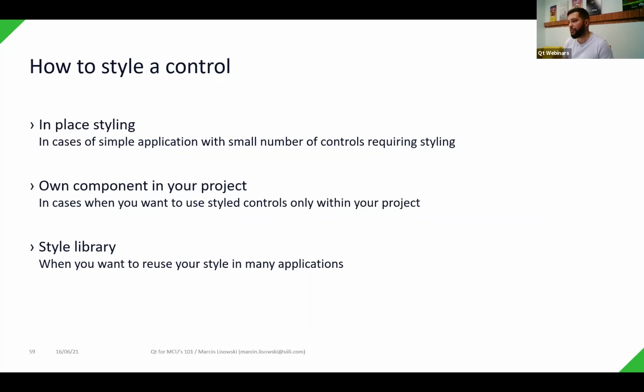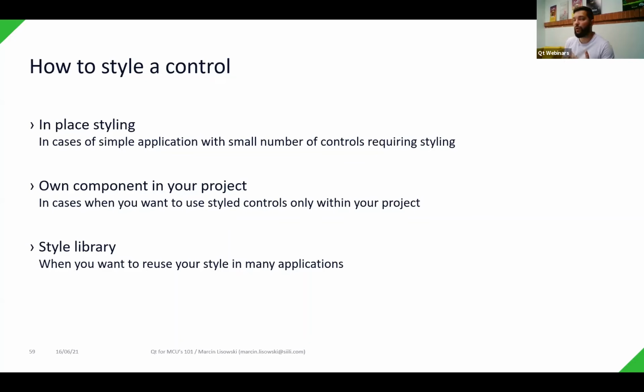If you are going to style the whole application, it could be a bit hard to maintain, as you will have to change a lot of places with the same code. So in-place styling is a good way to start, or for styling a single control in a single place.